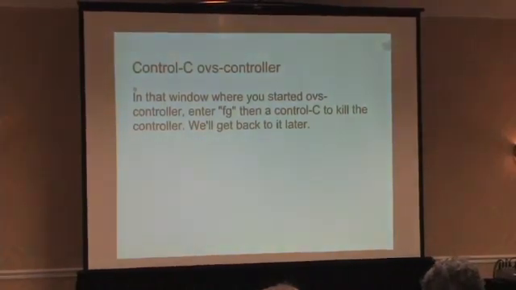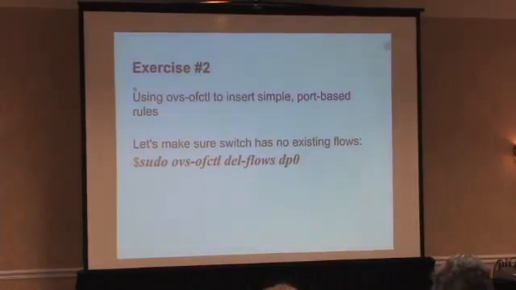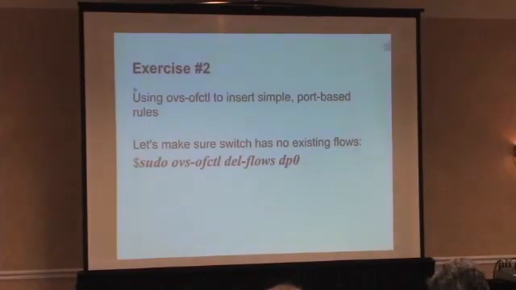I want to talk about what we're going to do for a bit here. You're going to be issuing 2 commands on the command line. Each one will use ovs-ofctl to add a flow into the switch's flow table. And just to dissect the command a little bit, sudo means run this as super user, so it has full privileges. ofctl is the command, this command line utility.